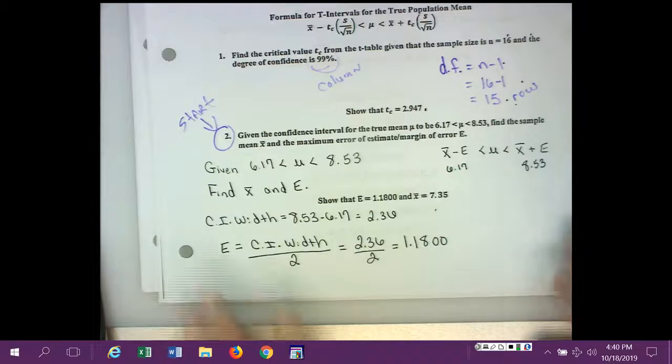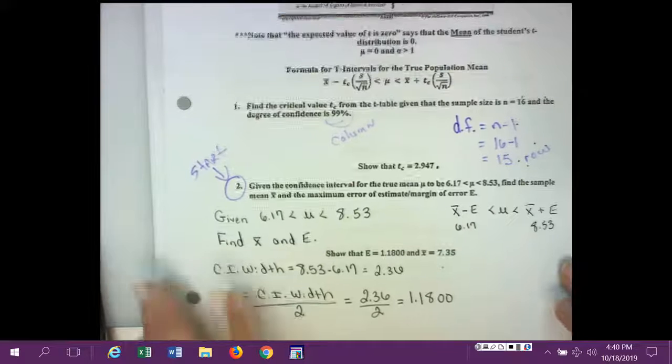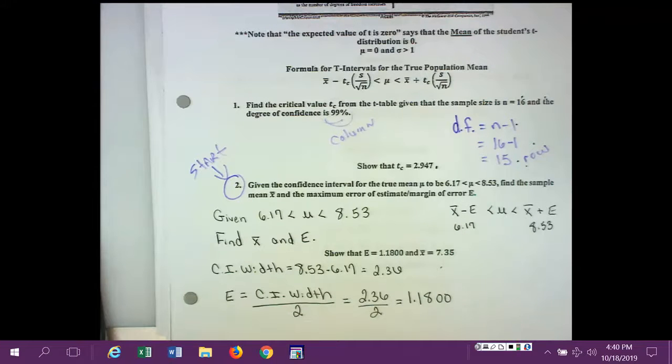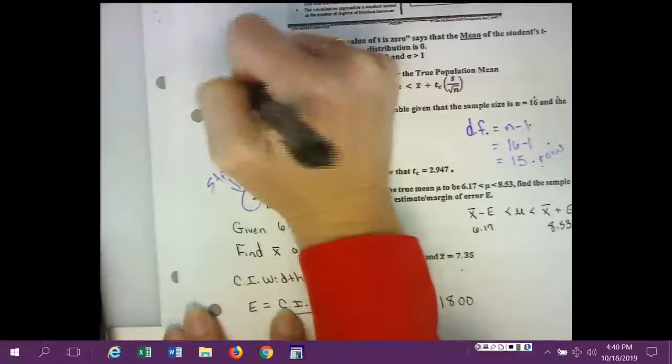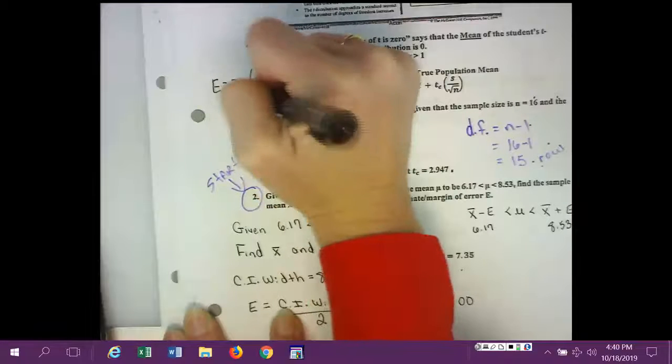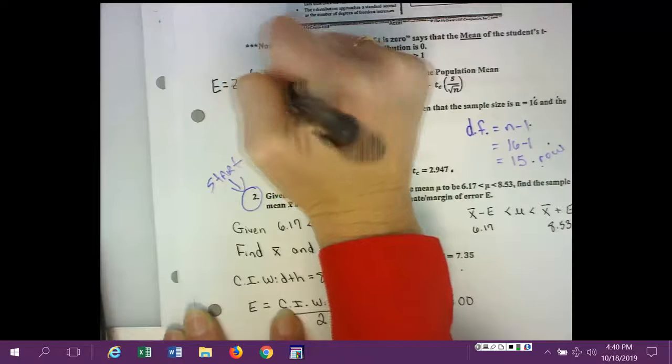Let me explain. When you work your traditional confidence interval problem and I ask you for the margin of error, if you think about the template, for example, when we worked with Z intervals for the true mean, E was Z times sigma over the square root of n.